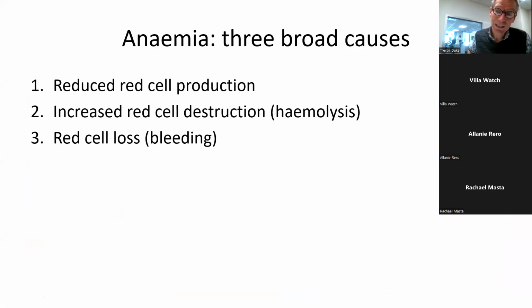And I think if you break it up into those where there's reduced red cell production or increased red cell destruction or red cell loss, from external red cell loss, then they're the only three broad conditions that can lead to anemia. And there's lots of causes of each of these. We'll get onto those, but just think about that. Reduced red cell production, increased red cell destruction, or blood loss.